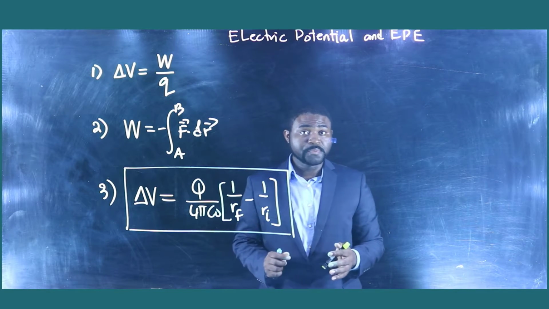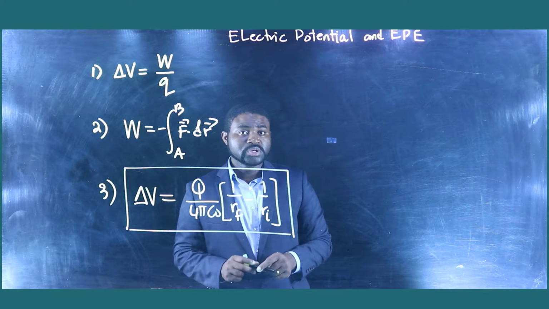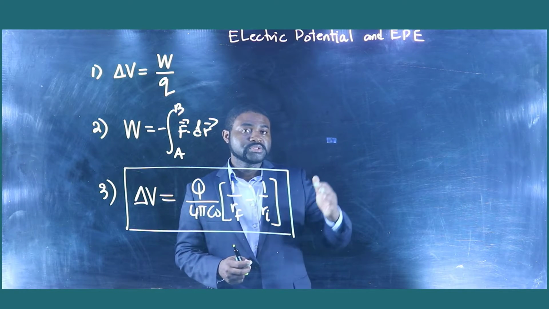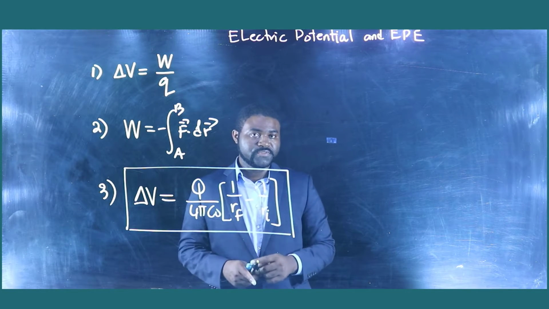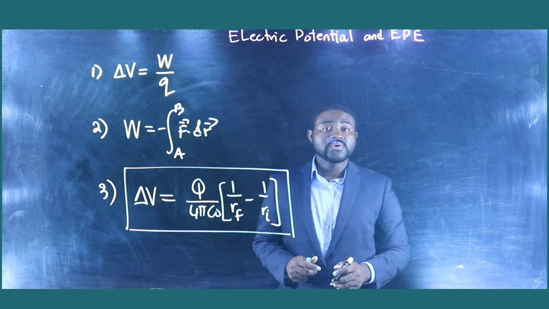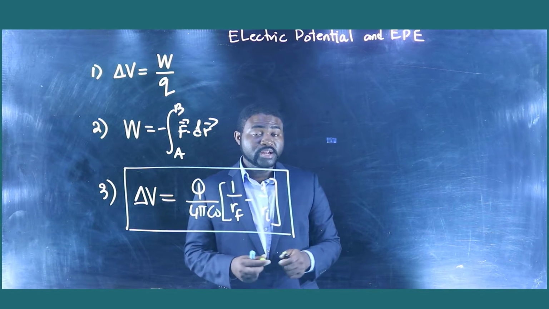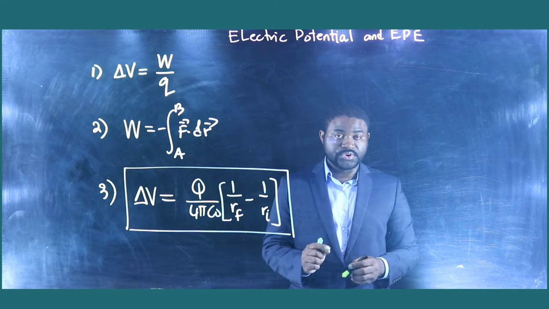Now remember, electric potential difference is the work done to take a charged particle from one point to another per unit charge in an electric field. Now, in order to measure potential differences, it is important to have a reference point.